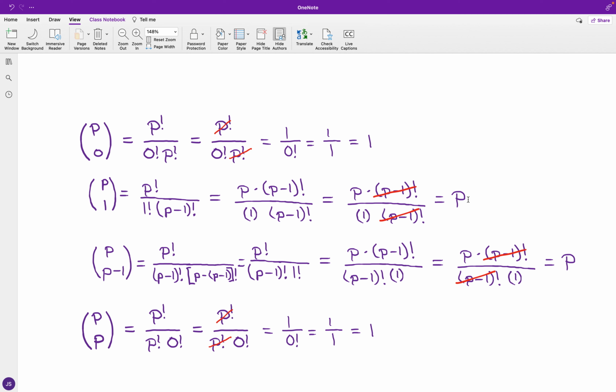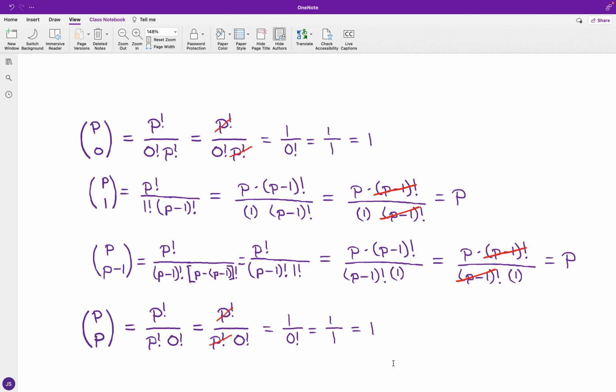And guess what? If the bottom number is exactly 1 less than the top number, then it's also going to reduce to the top number itself. And if you have an identity between the top and bottom numbers, well, that is going to reduce to 1. So these are our 4 special cases.